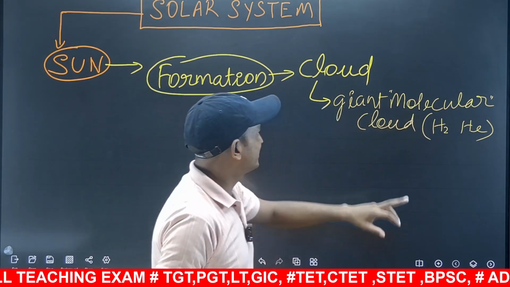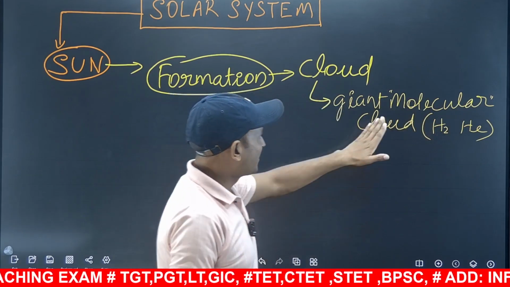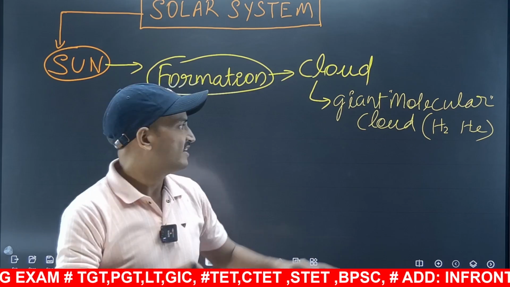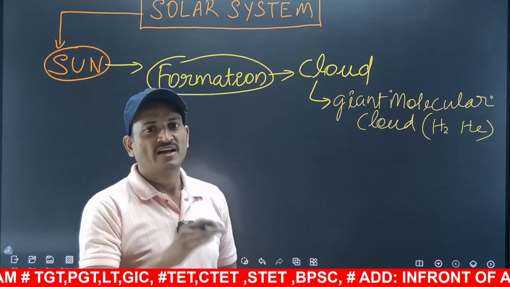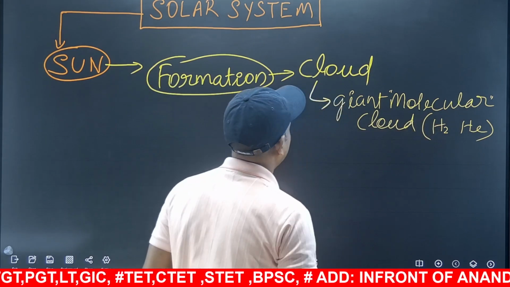So in the earlier state, when this giant cloud was in the molecular state, the hydrogen atoms were paired. They were present in the molecular form, not in separate atomic form. So this was about the cloud.